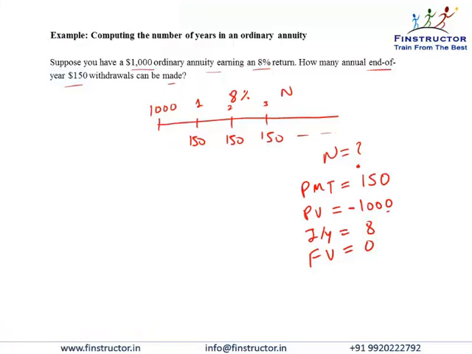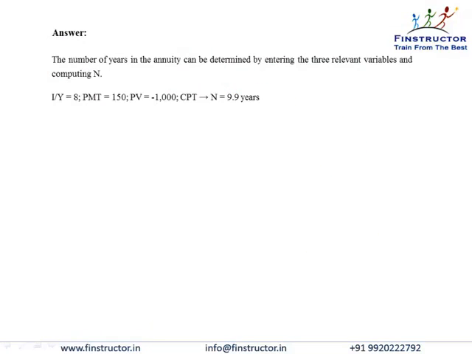So similarly, you can use the TVM sheet to calculate any of the 4 variables, not just PV and FV. So we see N as 9.9 in this case.